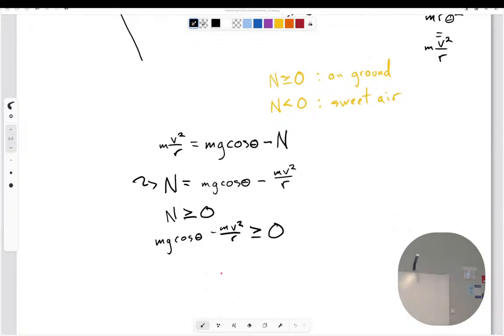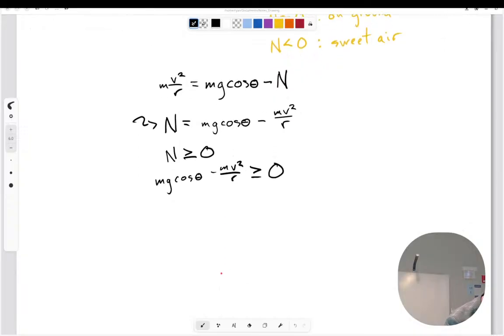I guess this makes sense because I got this equation. Velocity is less than or equal to the radius times gravity times cosine of theta. So that means that the value you need for velocity changes. Oh, okay. So as we're moving, it's different.